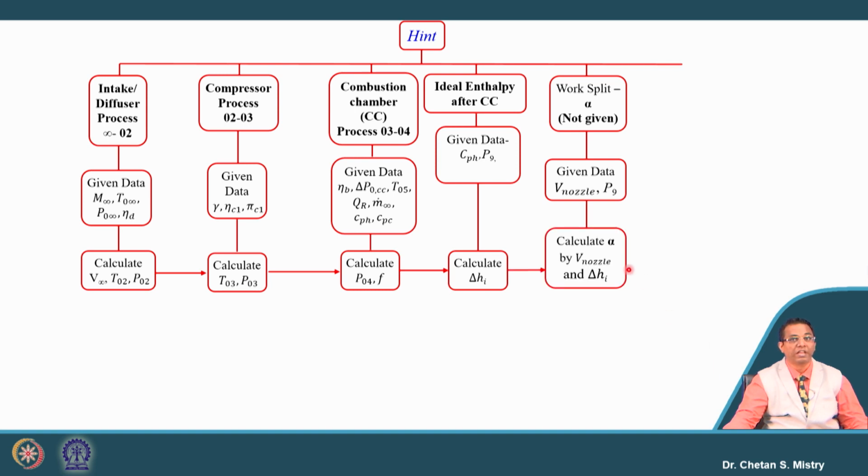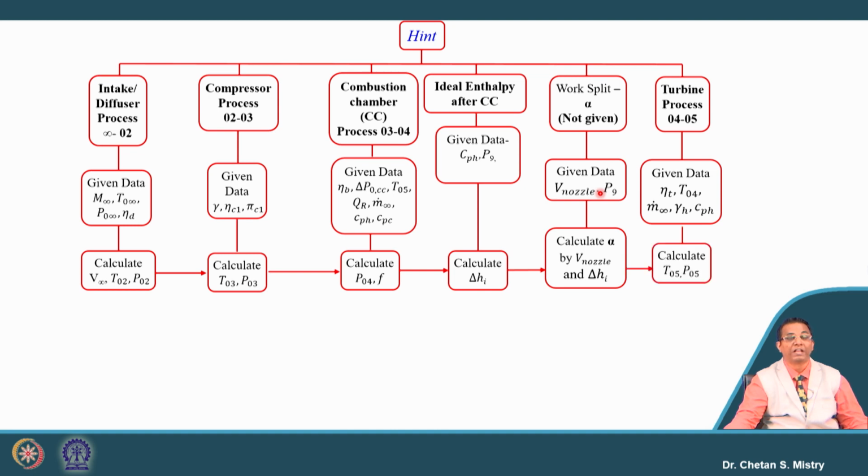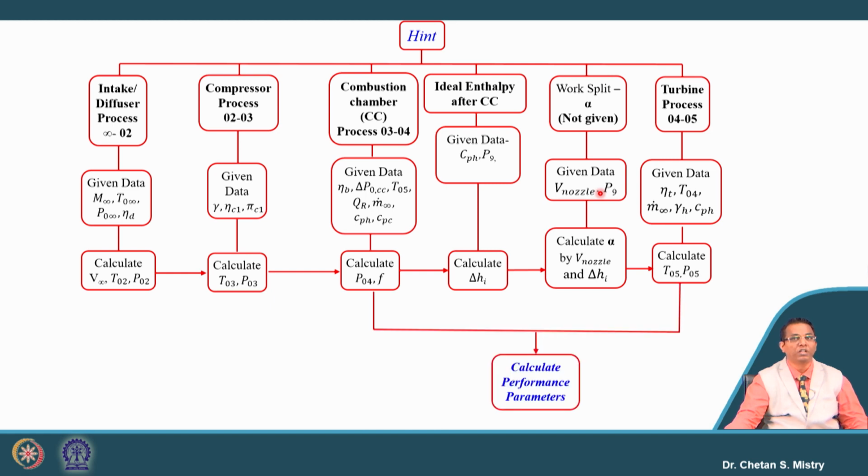Here the nozzle exhaust velocity is given to us, which makes our life easy in calculating the work split. Once we have that, we can calculate the power required by the turbine, and the exit pressure and exit temperature from the turbine. With all this information, we can calculate the performance parameters for this cycle.